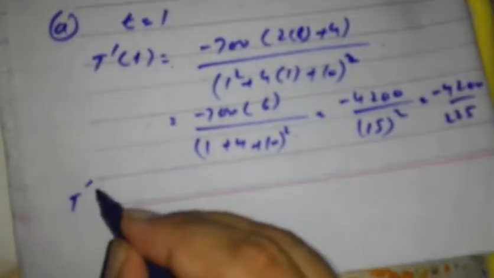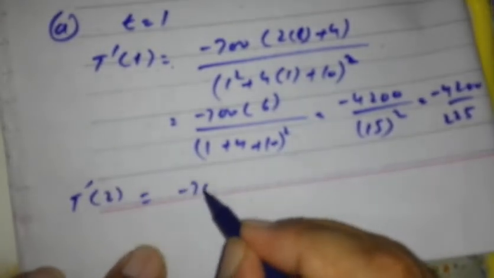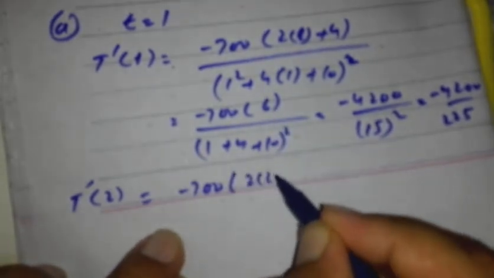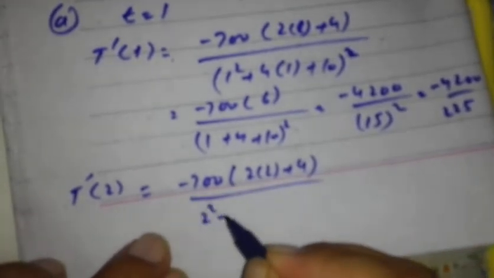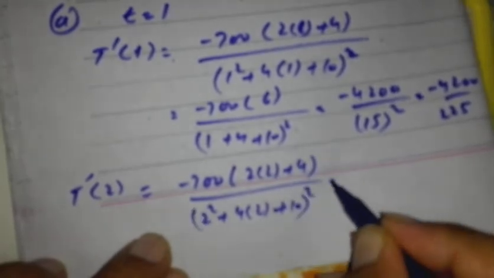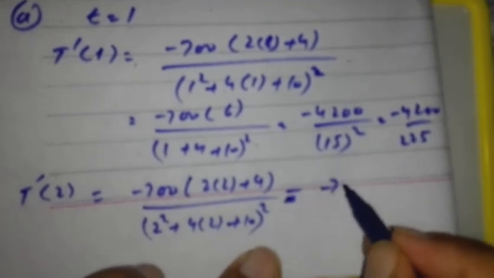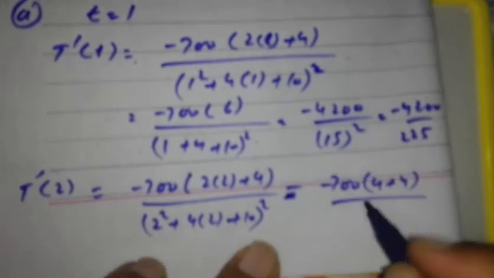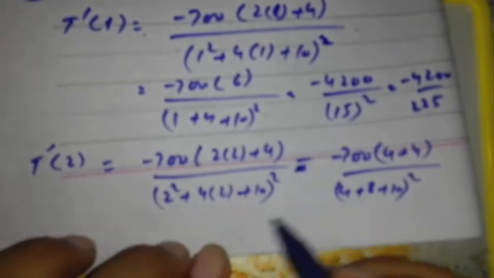Now T prime of 2 equals minus 700, and here (2 into 2 plus 4) over (2 square plus 4 into 2 plus 10) whole square. So we can write it minus 700 times (4 plus 4) over (4 plus 8 plus 10) whole square.